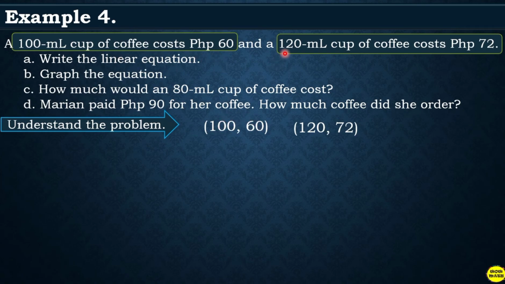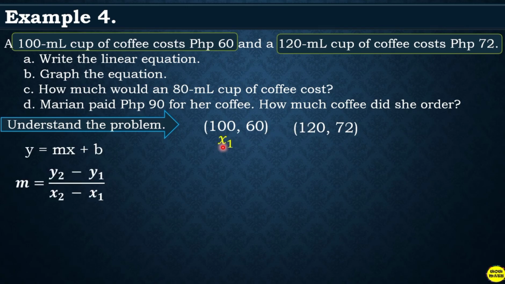And then 120, 72, that is your second point. Okay. Now, i-label natin siya as x sub 1, y sub 1, x sub 2, y sub 2. Okay. Why do we need to label this coordinate?